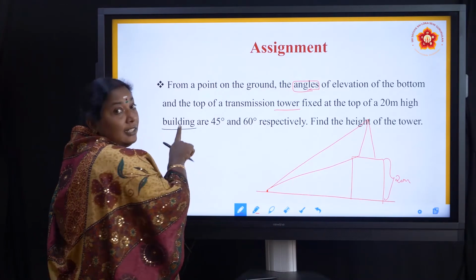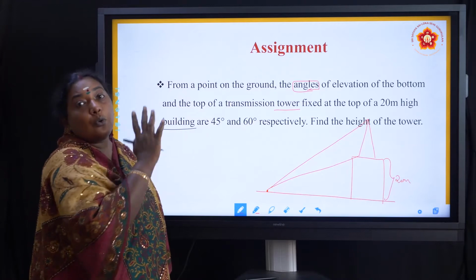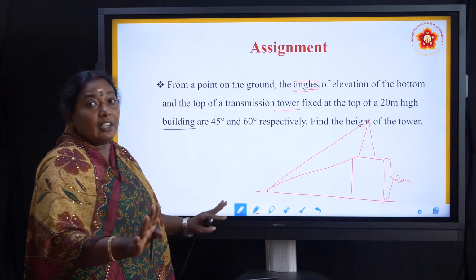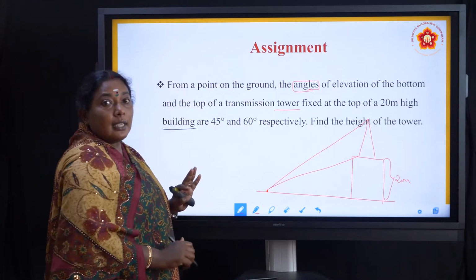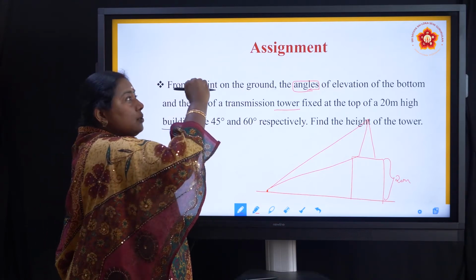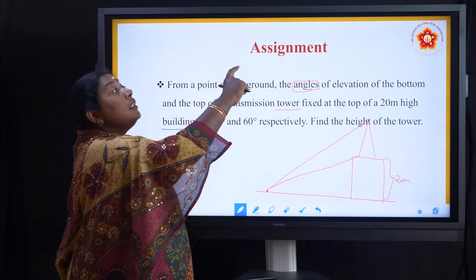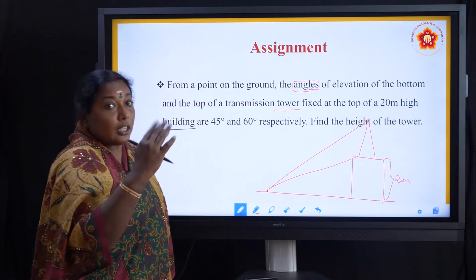Now they have given the angles 45 and 60. They didn't say which is 45 and which is 60. That is the biggest thing they will do in this chapter. They will never tell you the bottom is 45 and the top is 60. In the previous session we saw that when I look at a small distance, my angle of elevation will be small, and when I look at a high distance, my angle of elevation will be big.